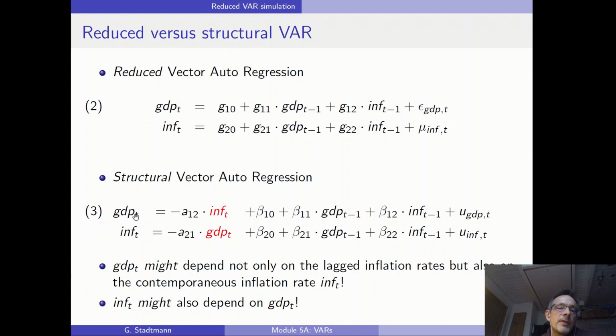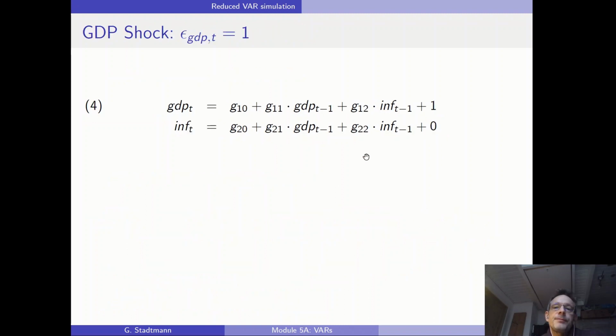There, it might be the case that in equation 3, GDP in period t is also influenced by the inflation rate of the same period, or it might be the case that the inflation rate in period t is influenced by the growth rate of GDP in period t. We are not talking about structural vector autoregressions today. We are talking about this reduced vector autoregression.